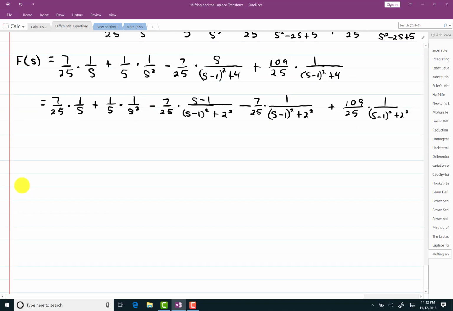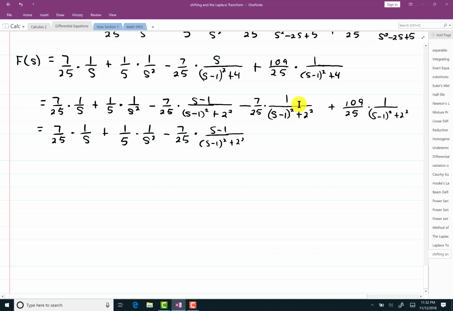I'm getting there, so this will be 7 over 25 times 1 over s plus 1 over 5 times 1 over s squared minus 7 over 25 times s minus 1 all over s minus 1 squared plus 2 squared.